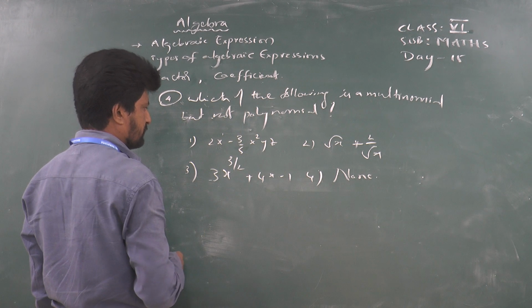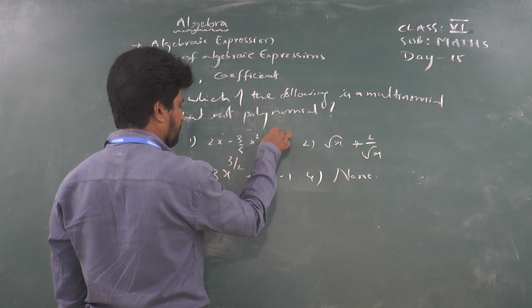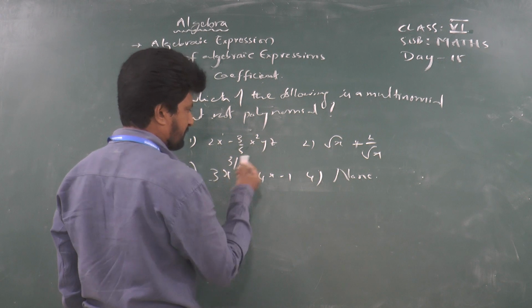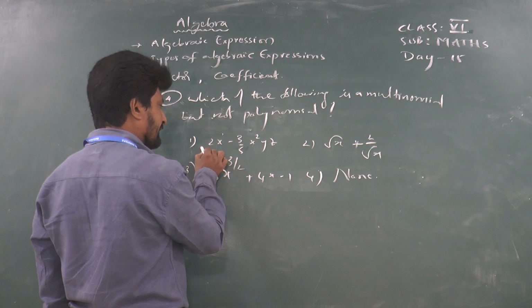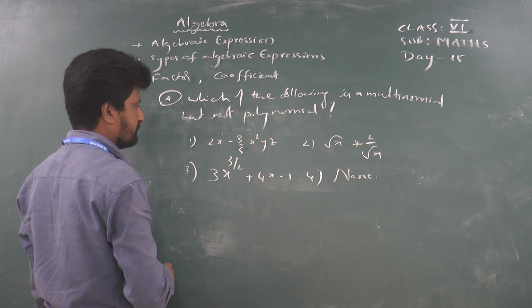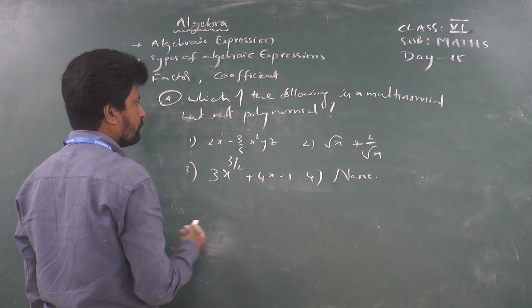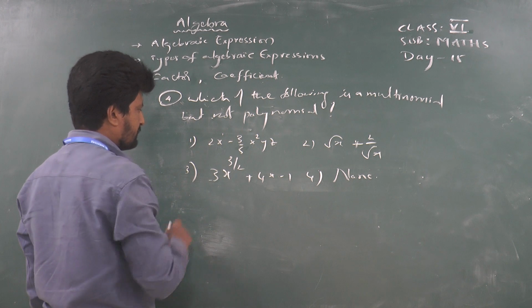That is a positive integer, no problem. Here also x square, y to the power of 1, z to the power of 1. X, y, z are the variables, powers are again positive integers. That's why every index of all the variables in this expression is a positive integer, so this is a polynomial. But we want multinomial but not polynomial. That's why this is not our option.